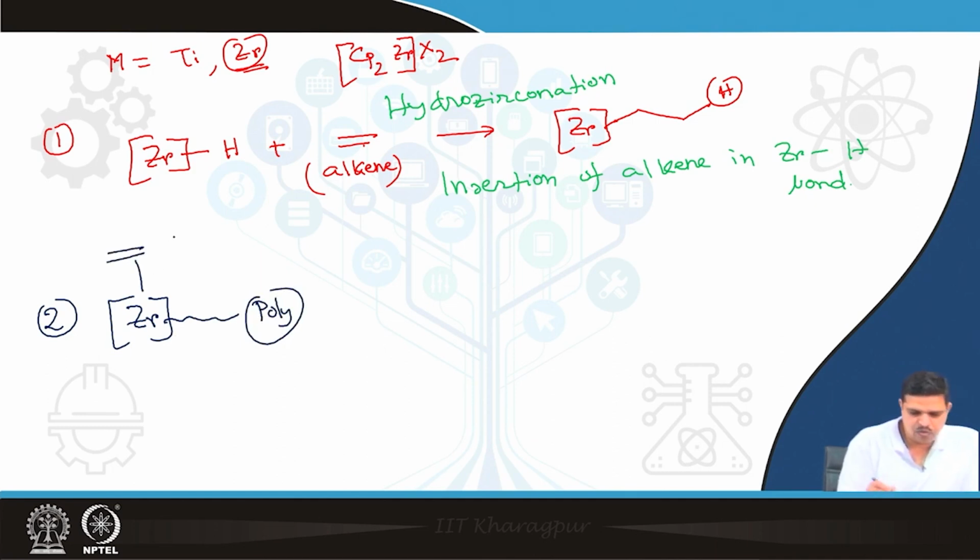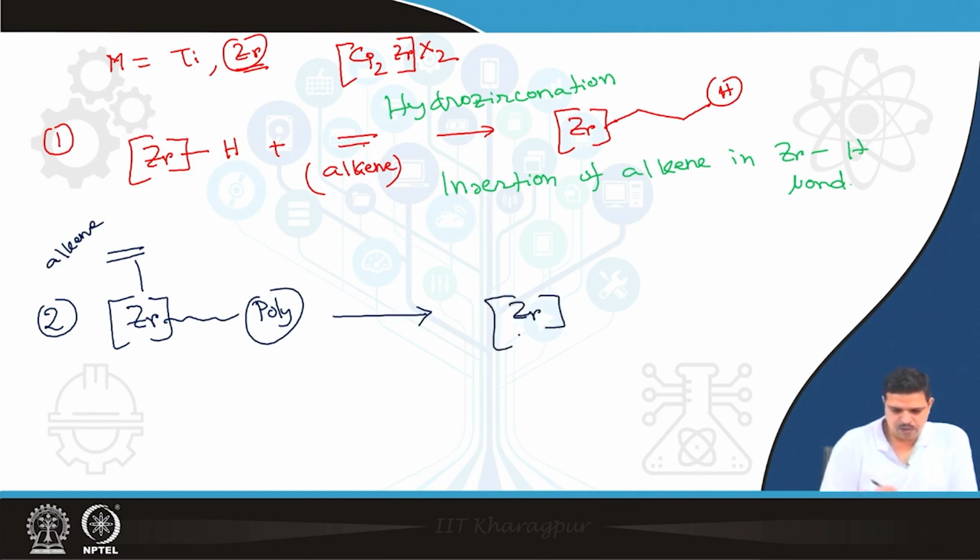This is the alkene coordination, so this is the alkene pi complex. Okay, so it undergoes insertion like that, and here it's my polymer end. So again this is an insertion reaction.